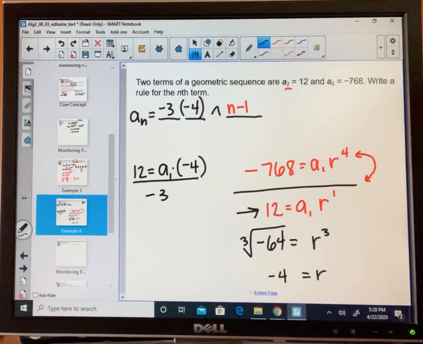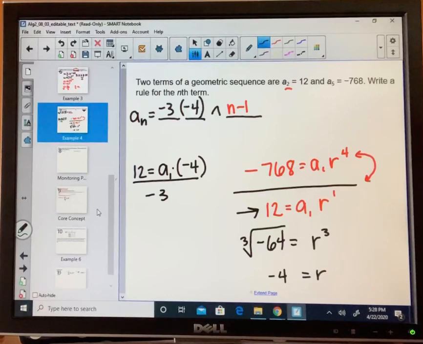Okay, so this is how you'll do it if you are just given two numbers, right? And this is how you put your numbers in the program. Now, I will also say I still have the 5 blanks. 2 of them are already given to you, right? A1 is 12. A5 is negative 768. We got that first one.